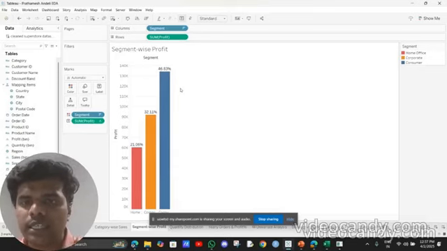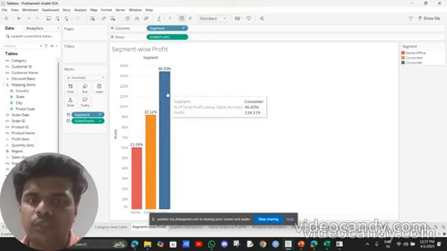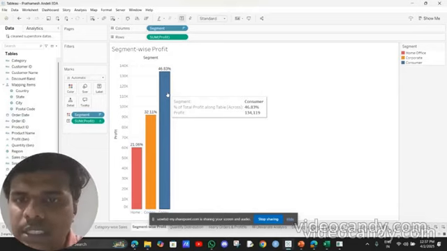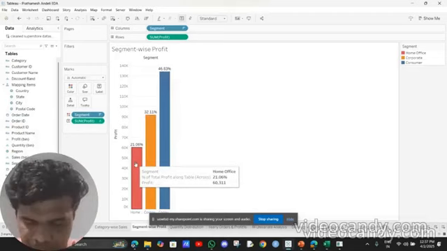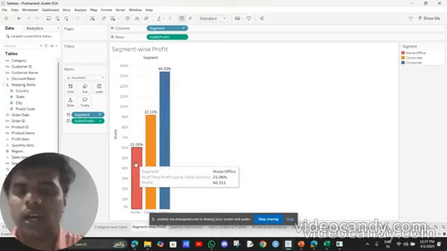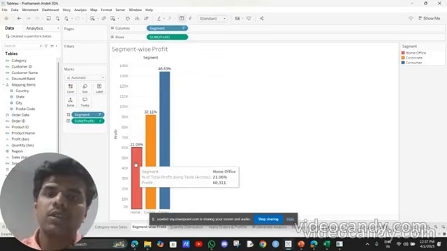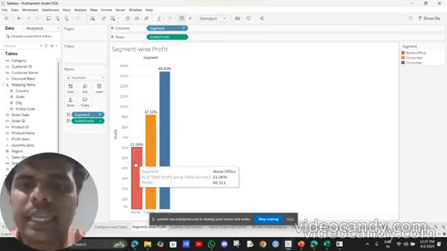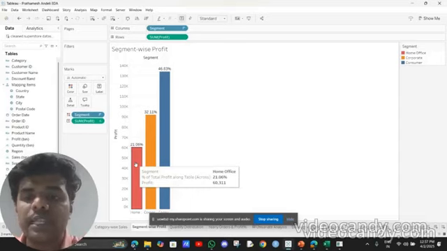Here it is clearly showing that the consumer segment is making more profit. It's around 46.83% to be precise, and home office is making the least profit among the three. So I think the suggestion for the retail store will be to focus on the home offices, give some offers, give some extra benefits to increase the sales and increase the profit in this.